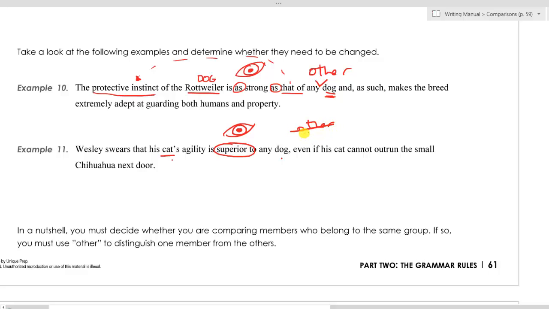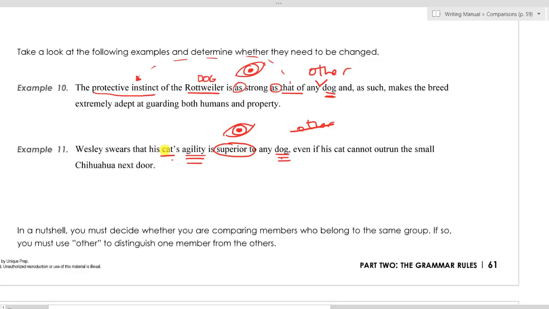I hope you didn't say it was perfectly fine, because it's not. We do have a problem in this sentence. I tricked you guys on this one. I apologize for that. But Wesley swears that his cat's agility is superior to any dog. We are comparing agility to a dog. You cannot say that agility is superior to a dog.